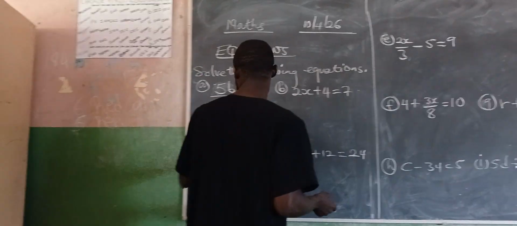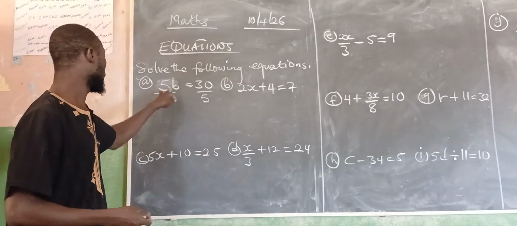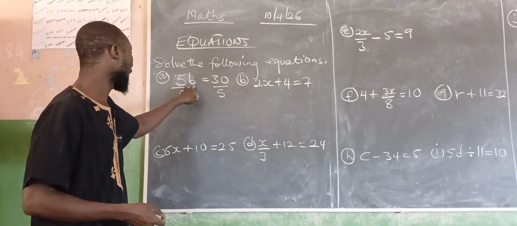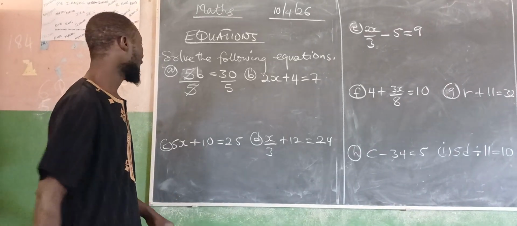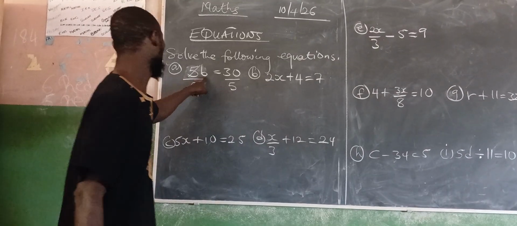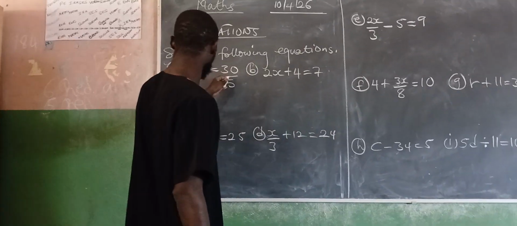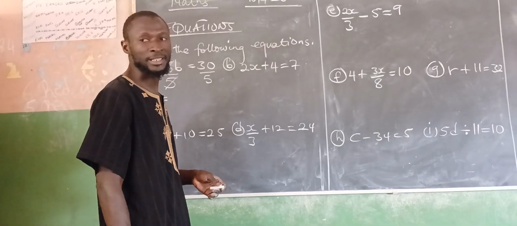Now to continue, our target is to find this unknown, and this unknown must stand alone. That is b. So for b to stand alone, 5 will cancel 5. After 5 cancels 5, what are we left with? We are left with b, so we write b down. Then from there, you come to the right hand side of the equation where you have 30 over 5.